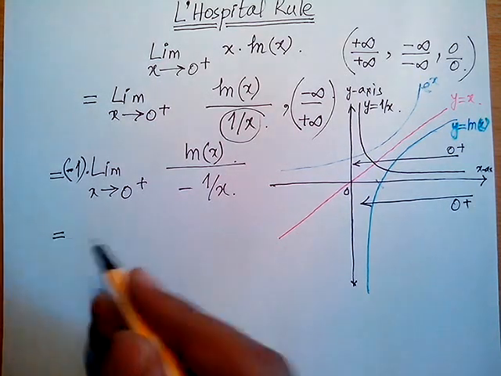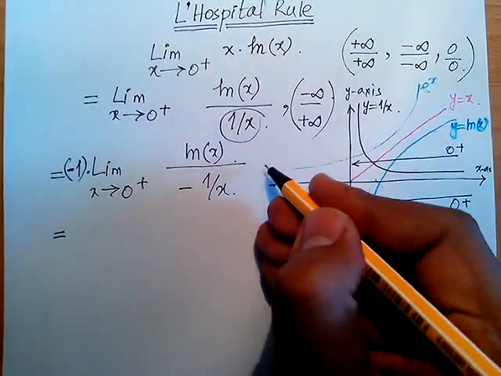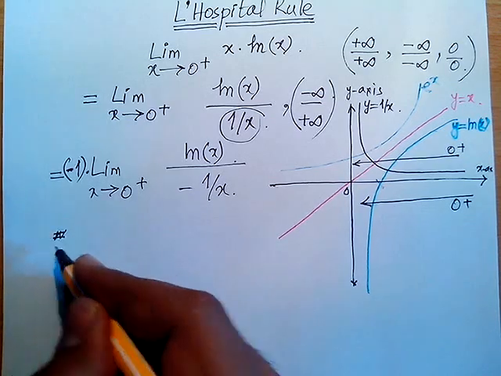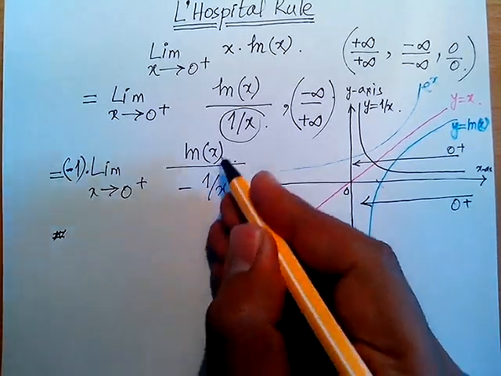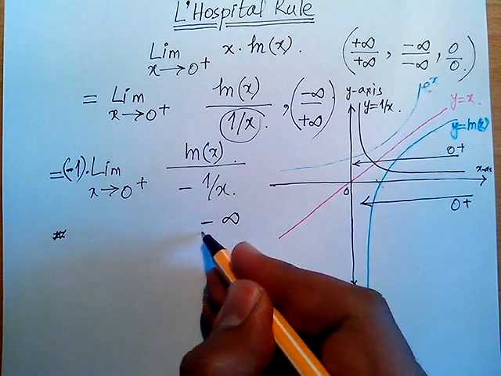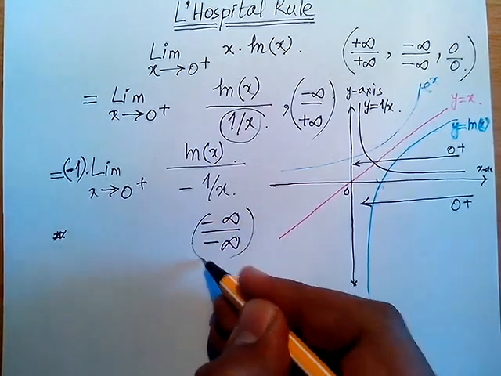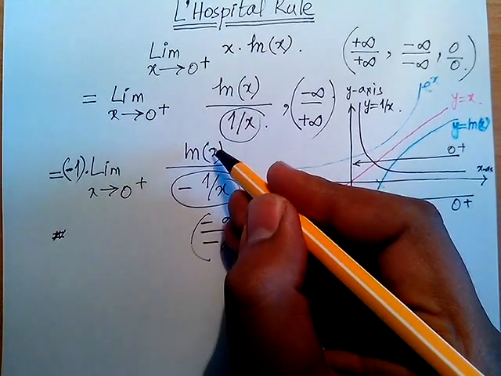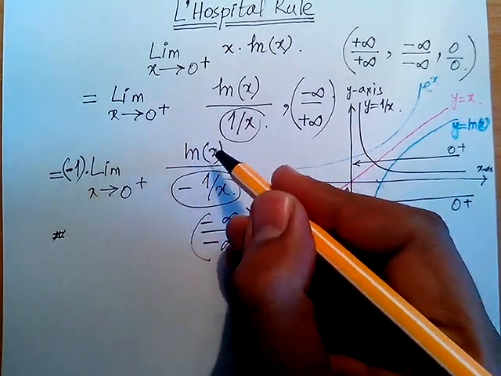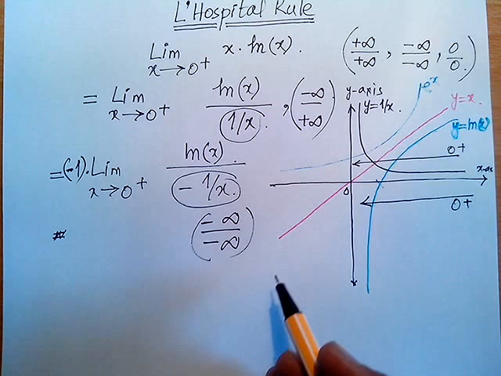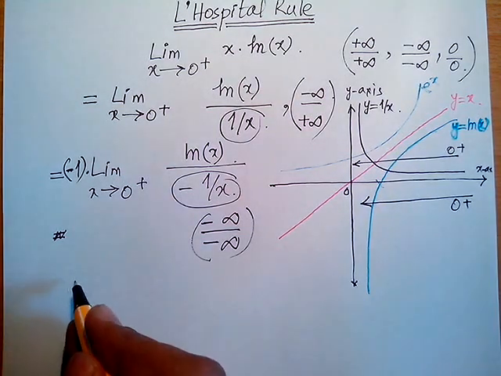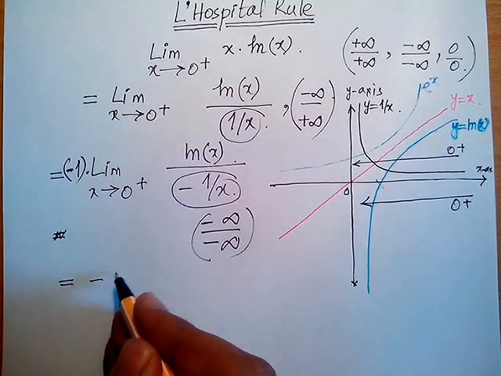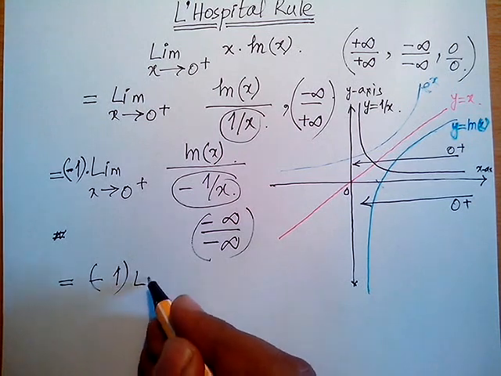So right now, we have the form minus infinity divided by minus infinity, since this graph goes to minus infinity, and this, the way we discussed earlier, goes to negative infinity as well. So we are in the situation to apply the L'Hopital rule. So this is minus 1.